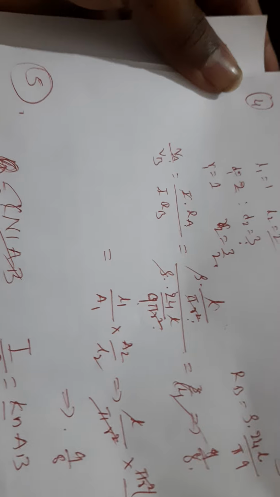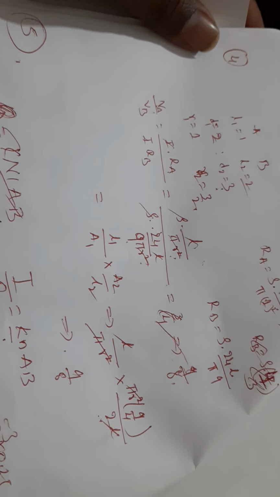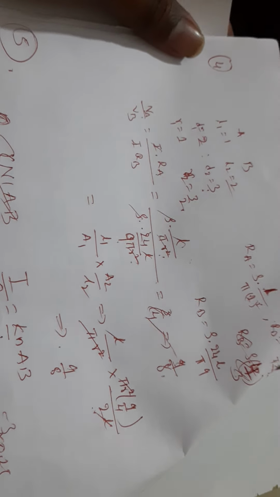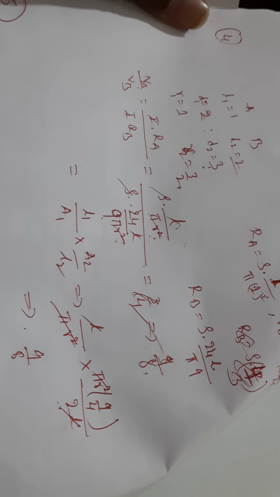I substituted L1 as 1 and L2 as 2, and since diameter is given, I took the radius, and in place of the area of cross section I substituted pi r square.